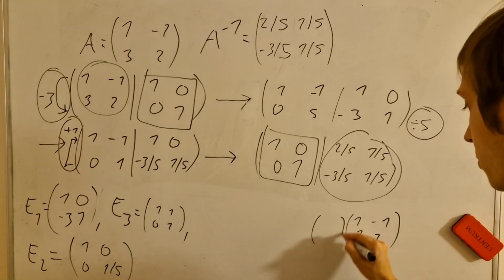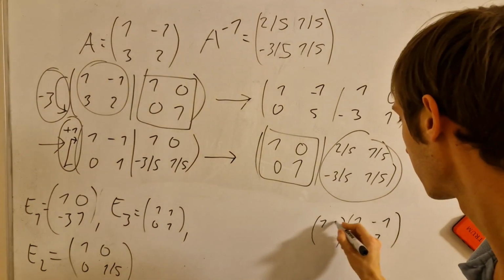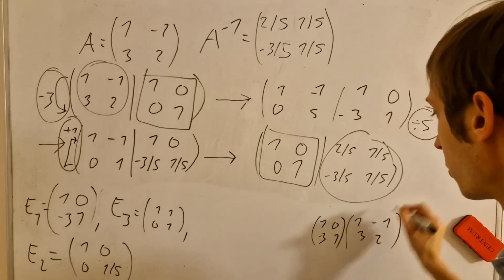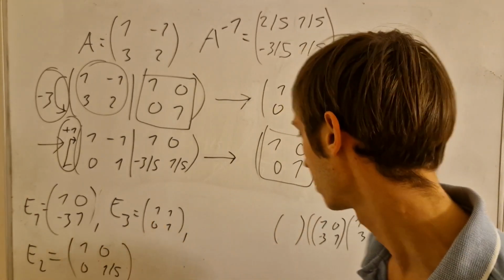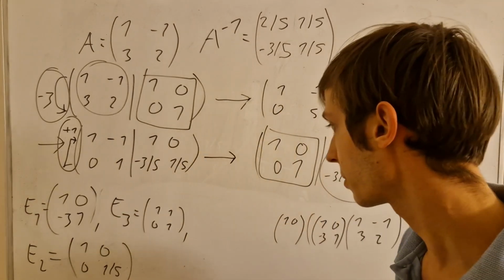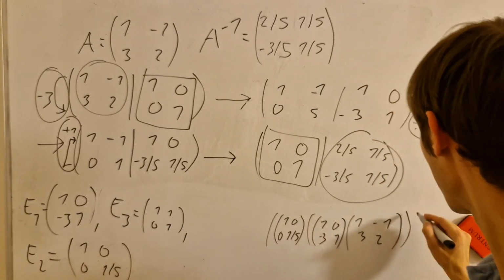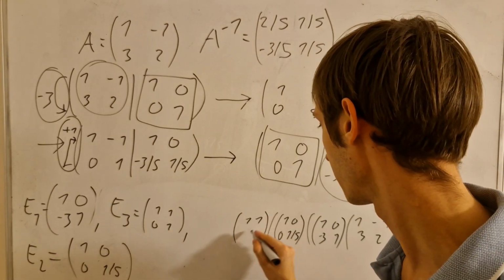And to the left, we first multiplied what we had so far by E1. Then we multiply all of it from the left again by E2 to get this step. And then we multiply all of that by E3.